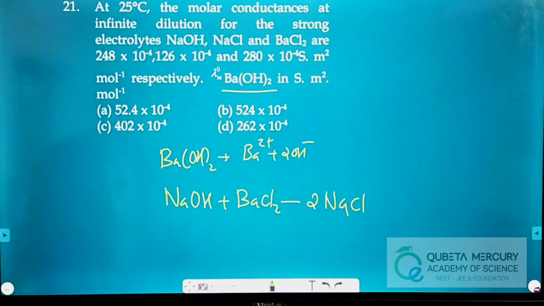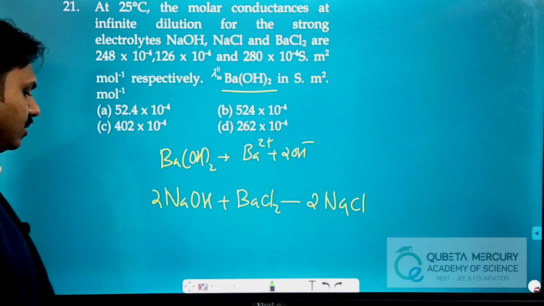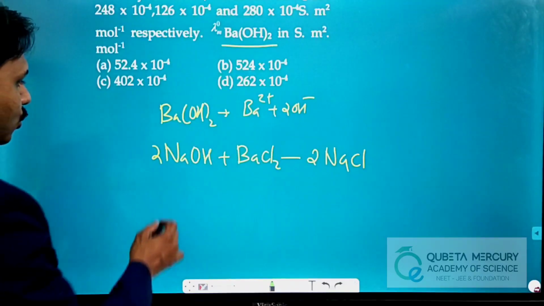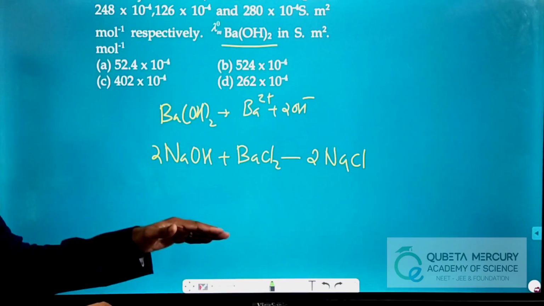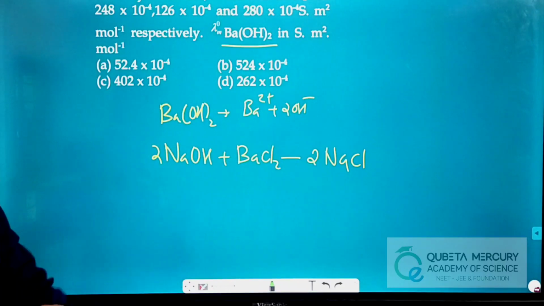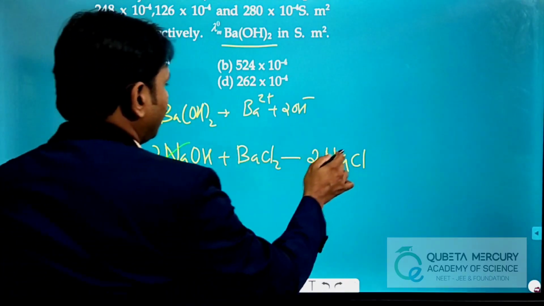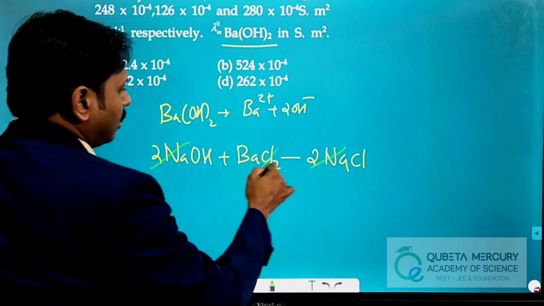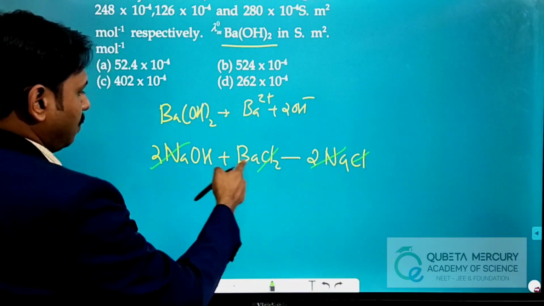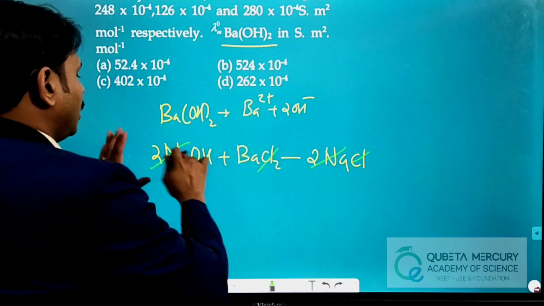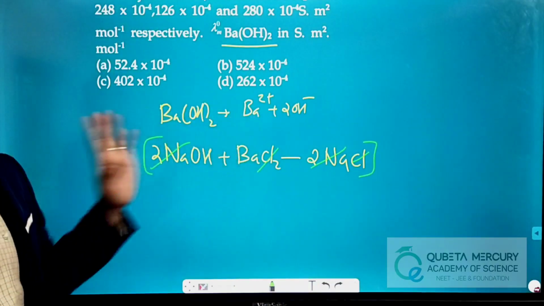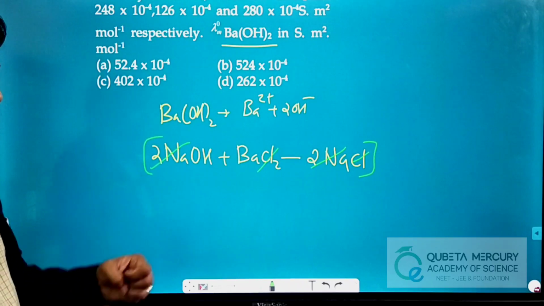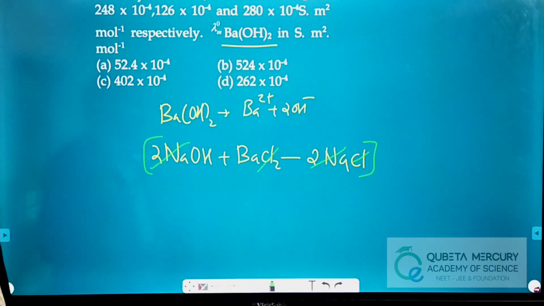I should write 2 NaOH. See here, 2 NaOH means these two. I will split up the equation and do the mathematics. These two sodium can be cancelled, and chlorine cancelled. So Ba2+ plus 2 OH minus, that is the mathematical calculation for barium hydroxide.